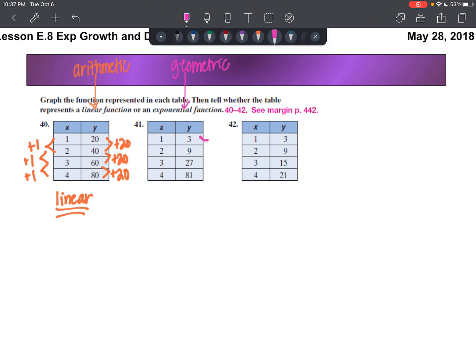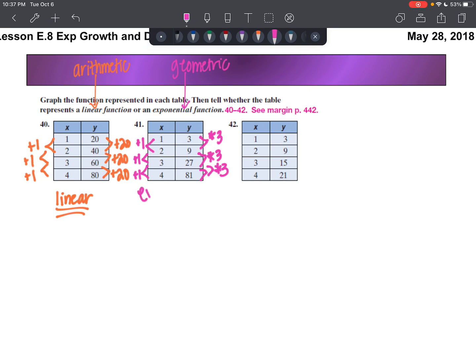This next problem, however, going from 3 to 9, we can add 6, but we don't add 6, add 6. And we know that our x value is going up constant, so our y value should go up constant too if it's linear. This one is multiply by 3, multiply by 3, multiply by 3.